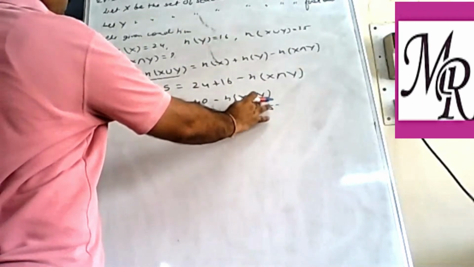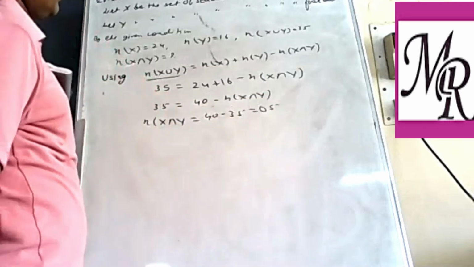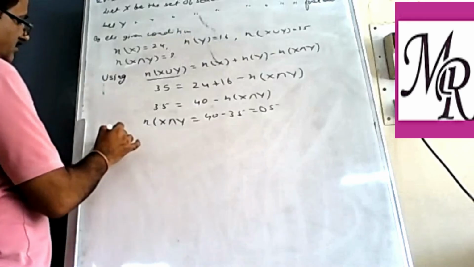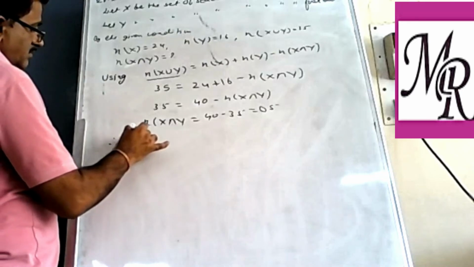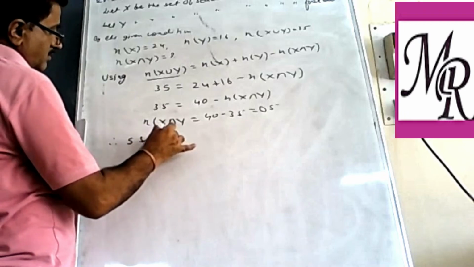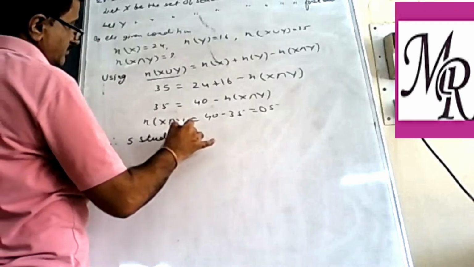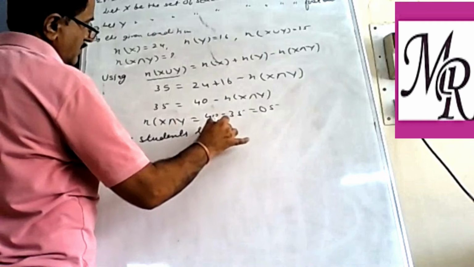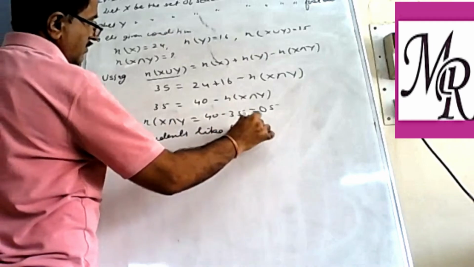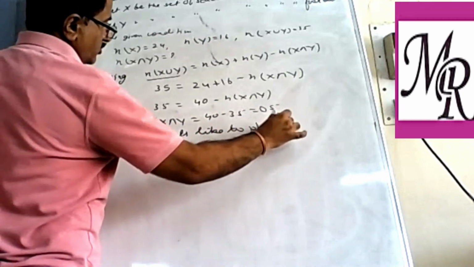So only 5 students. So you can write here 5 students like to play both games.